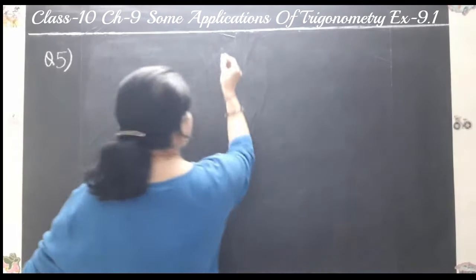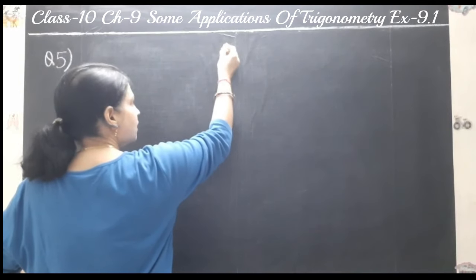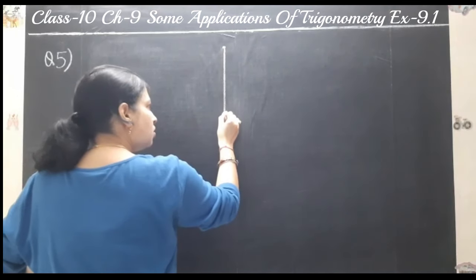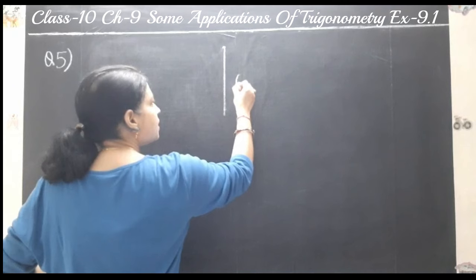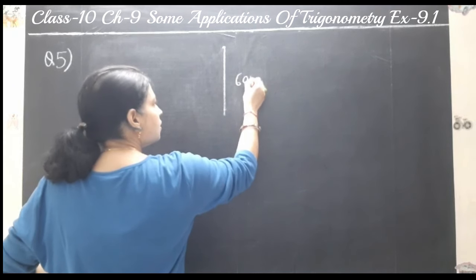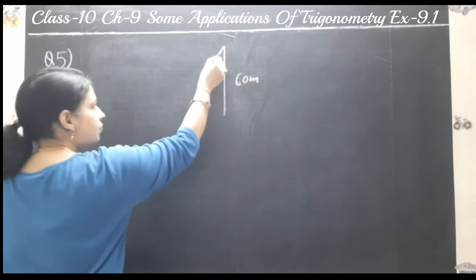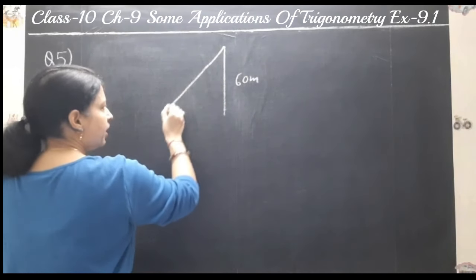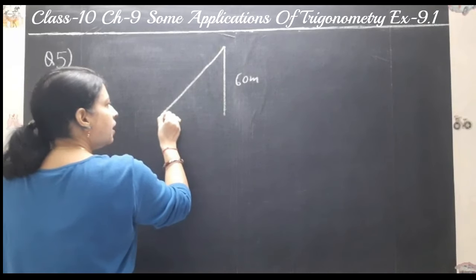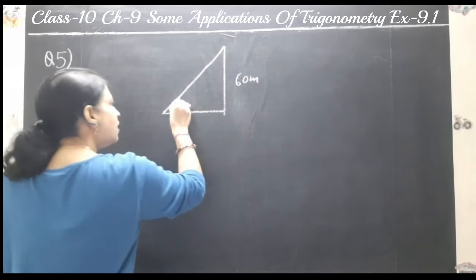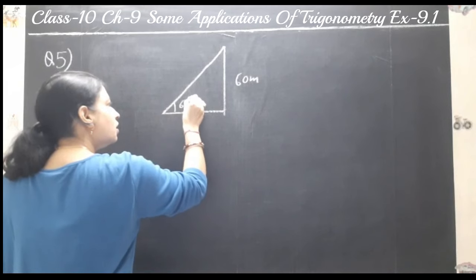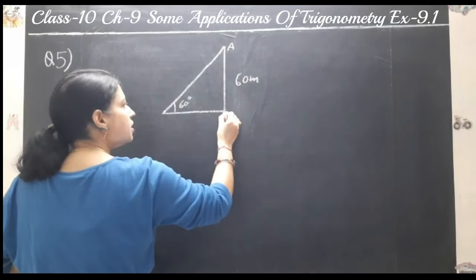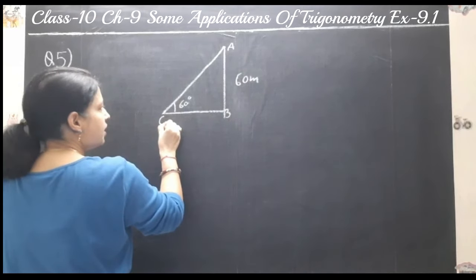Suppose this one is a kite. This one is given 60 meter. And here this one is a string and it is inclined at angle 60 degree from the ground. So write here 60 degree. Suppose this is A, this is B and this one is C.